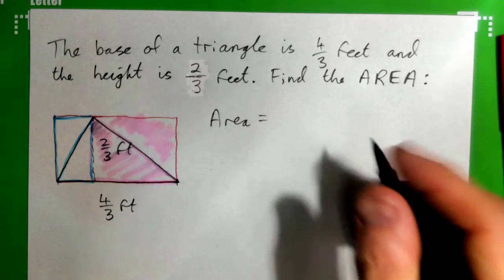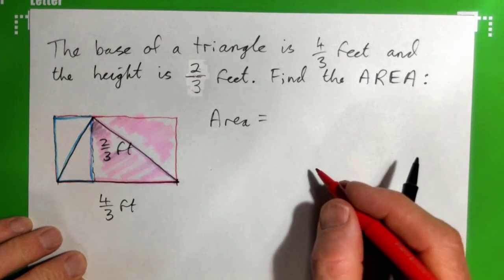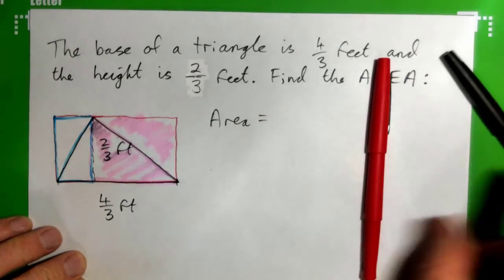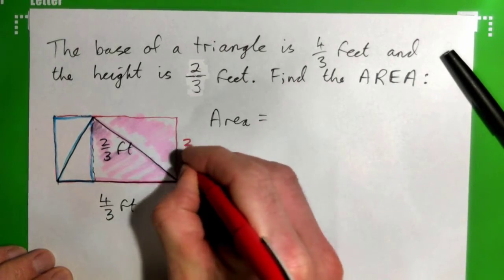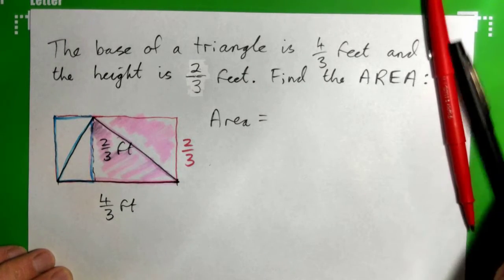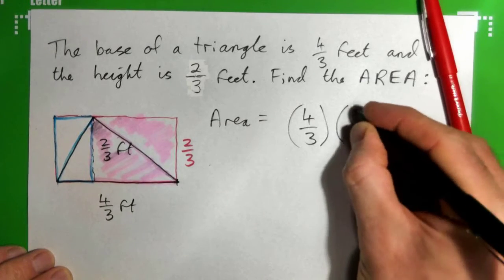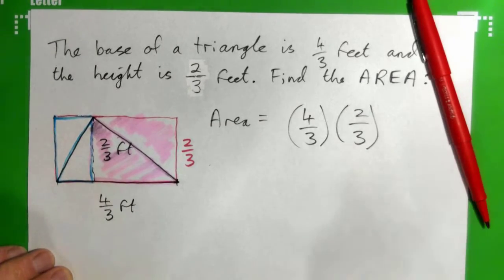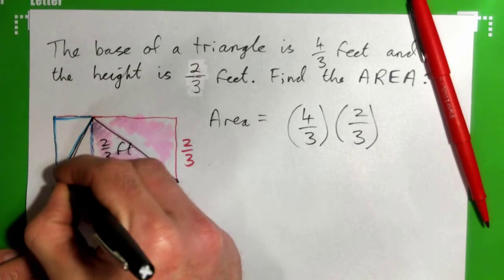Now, what's the area of the rectangle? The rectangle is just this side times this side: 4/3 times 2/3. So that would be the rectangle. But we know the triangle is half that.